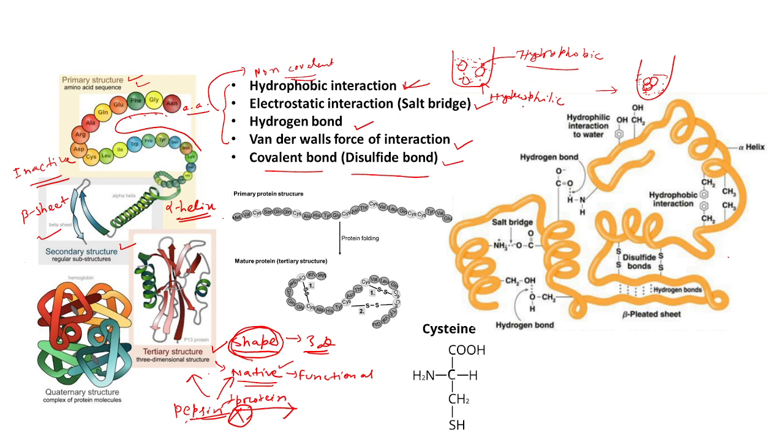Why? Because the hydrophilic molecule cannot interact with the hydrophobic molecule. The hydrophilic molecule interacts by forming hydrogen bonds, or H bonds, and hydrogen bonds cannot be formed by the hydrophobic molecules.